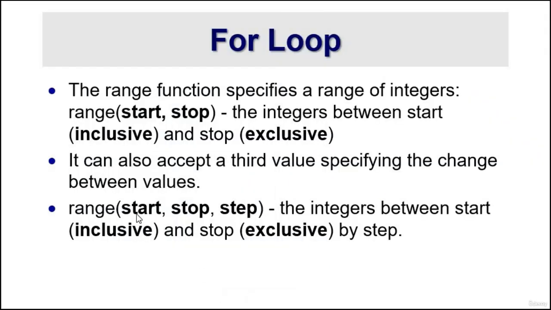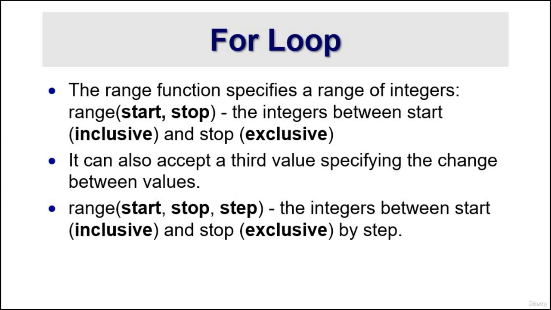Okay guys, there are two other very important points regarding for loop. Number one is it can also accept a third value specifying the change between the values. First is the start of the range, second is the stop where we want to stop, and third specifies how the loop should move.